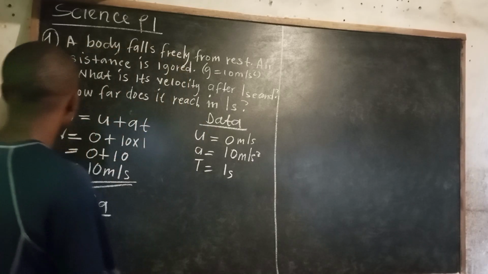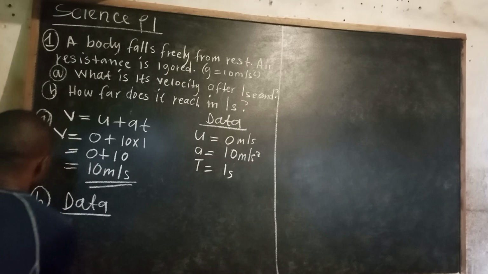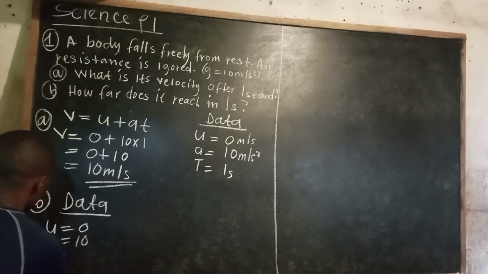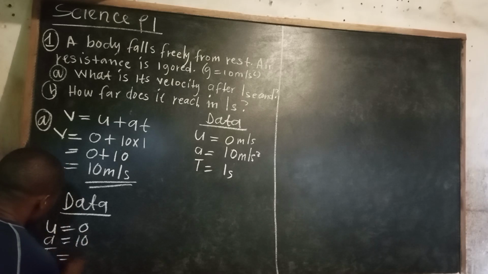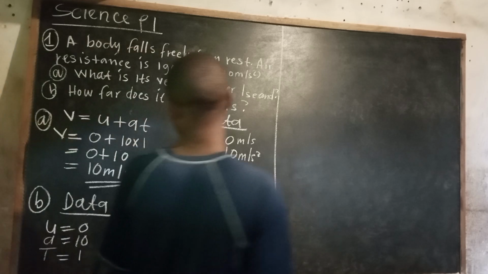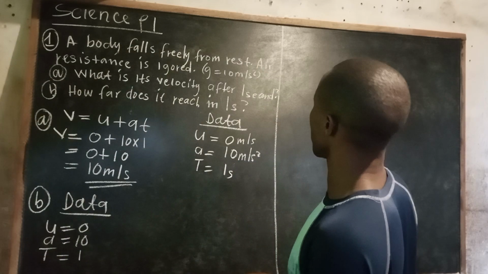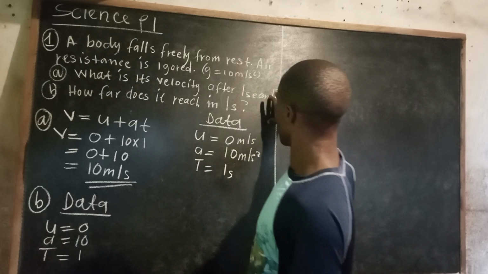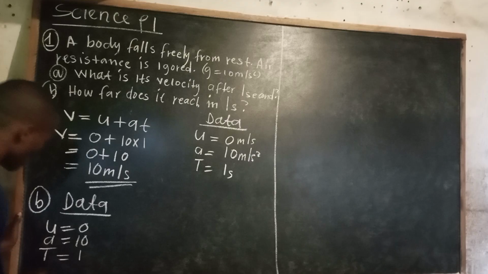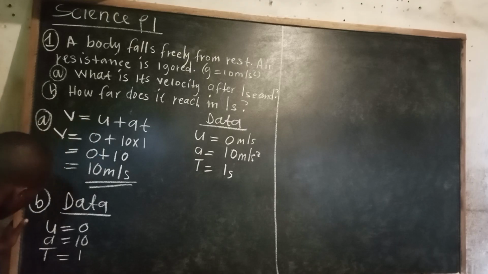What we have there, we have initial velocity, which is 0. Acceleration, we have 10. Then time, we have 1 second. What else are we supposed to collect according to the information that we are given? I think we also want to know the displacement itself.